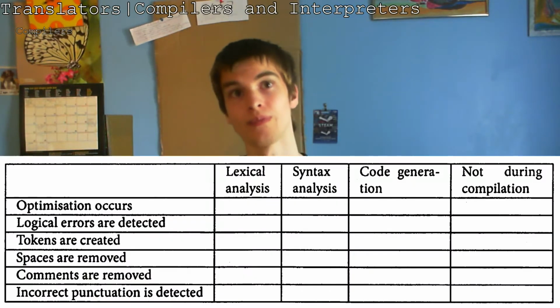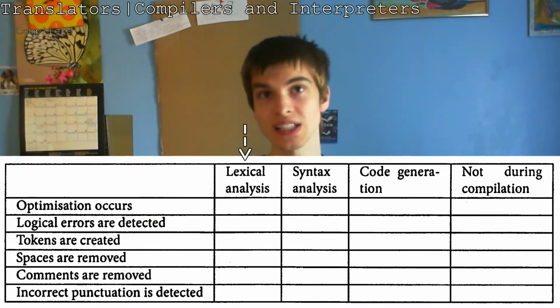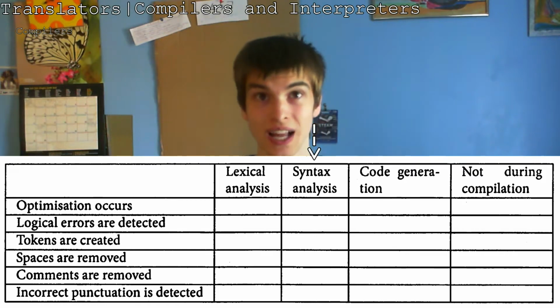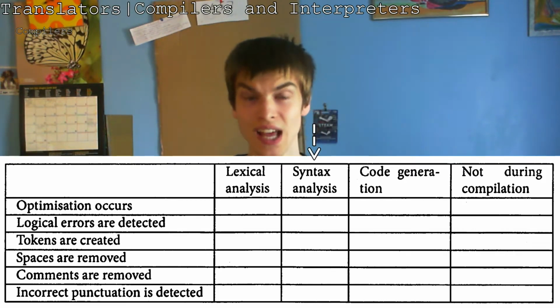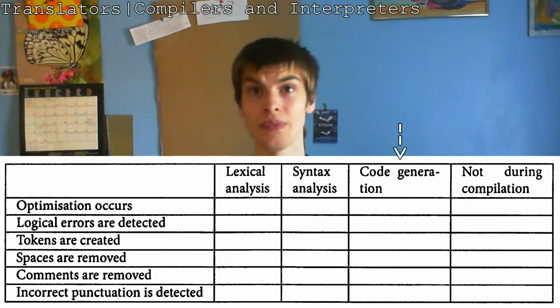Now, for each of these parts, the lexical analysis, syntax analysis, and the code generation, you can break them down by using this table. So there's the lexical analysis, the syntax analysis, and then the code generation. And then there is also not during compilation.